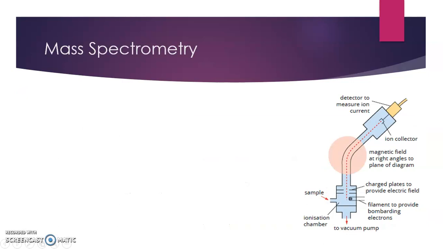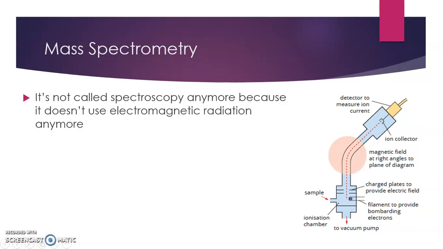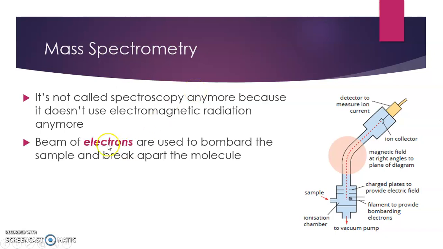And lastly, mass spectrometry. It's no longer called a spectroscopy because mass spec does not use electromagnetic radiation. What we use in mass spec is beams of electrons, and they're quite powerful.